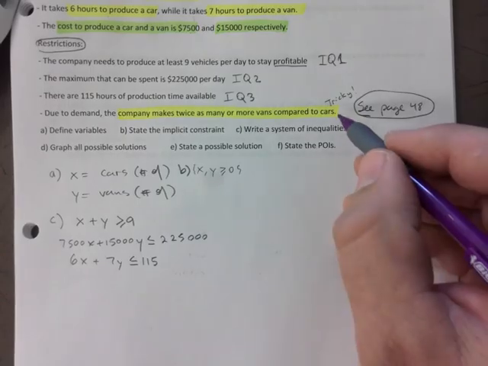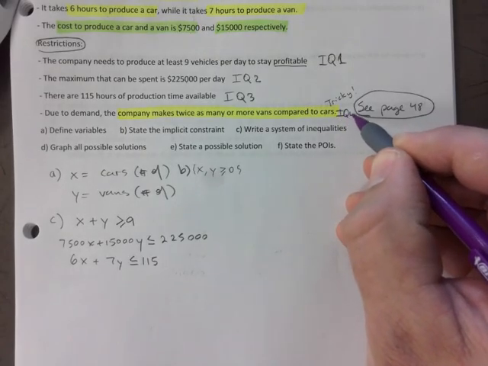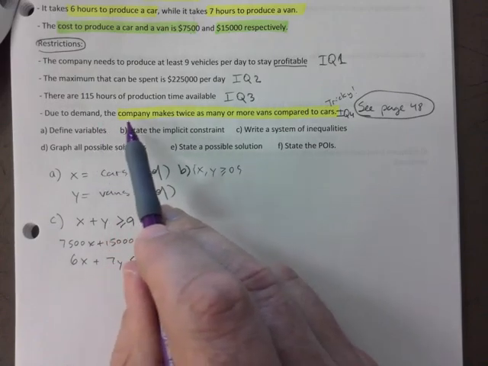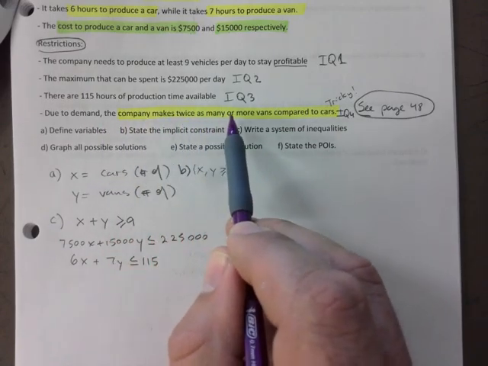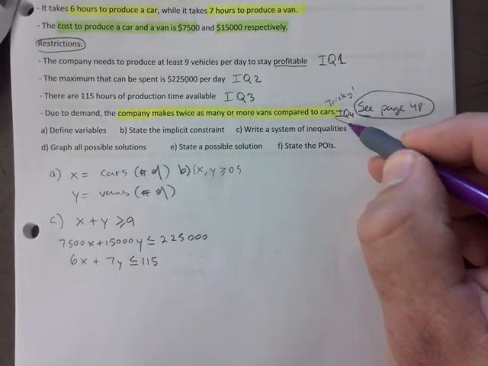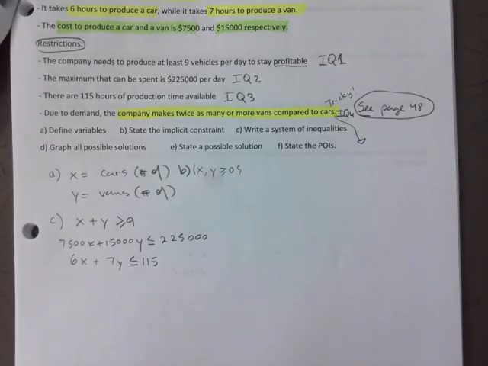And then the last one, this is the tricky one I warned you about. I would expect you to write these ones out if you see them. Due to demand, the company makes twice as many or more vans compared to cars. I was thinking, how can you rewrite this to help you out?